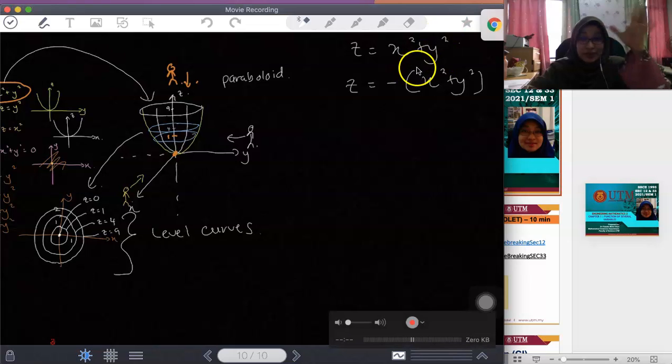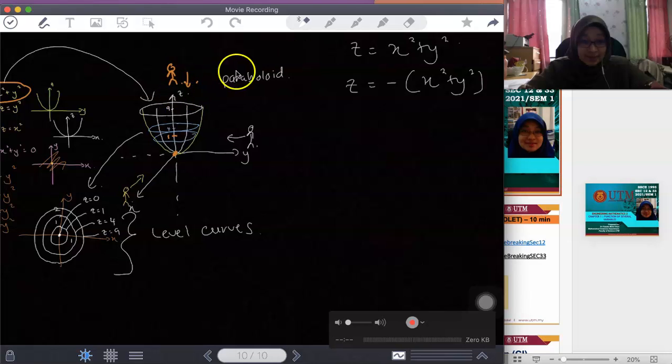If z equal to x squared plus y squared is a bowl concave up, parallel to z because you have z here, now instead of z being all positive, this one z is always negative, meaning you have a similar bowl, but it is concave down, because the z is always negative. You put the negative outside.